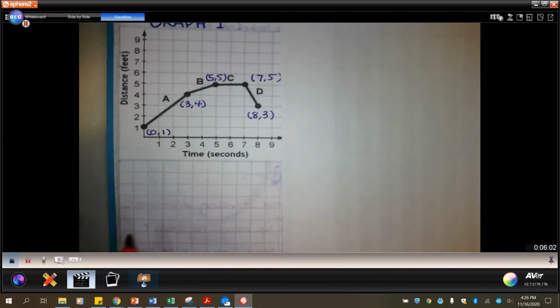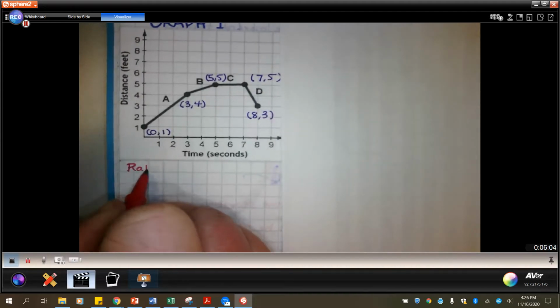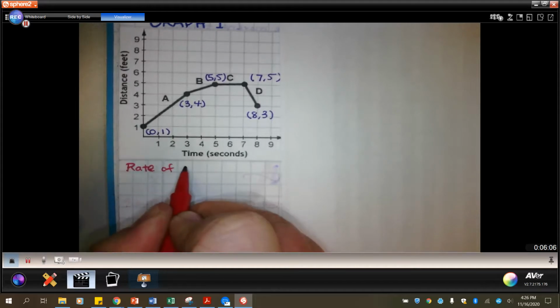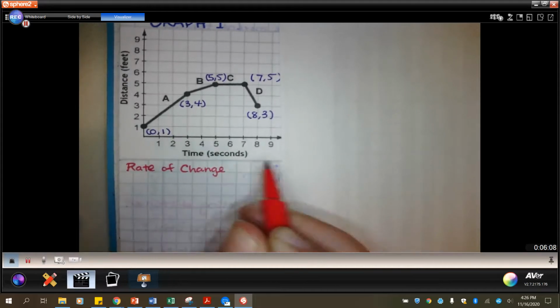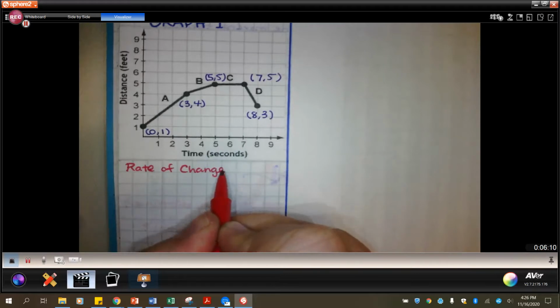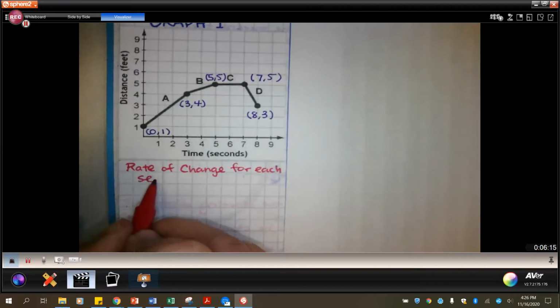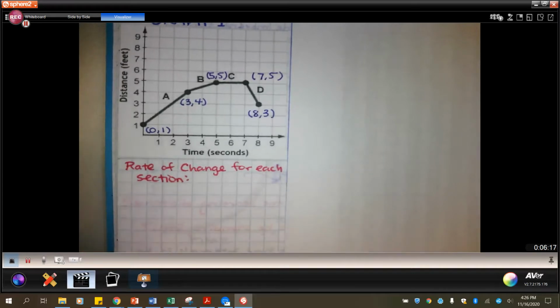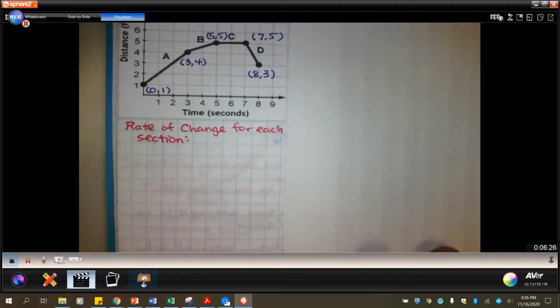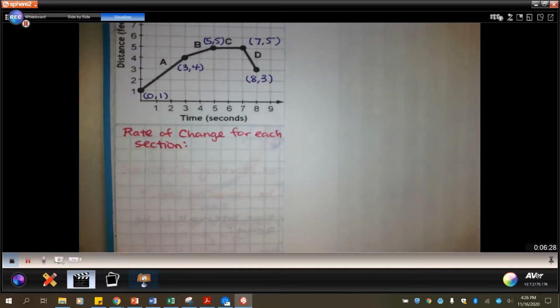So what we're going to do is find the rate of change for each section. Okay. So we're going to start with A. And remember, rate of change is always the change in the dependent variable over the change in the independent variable.